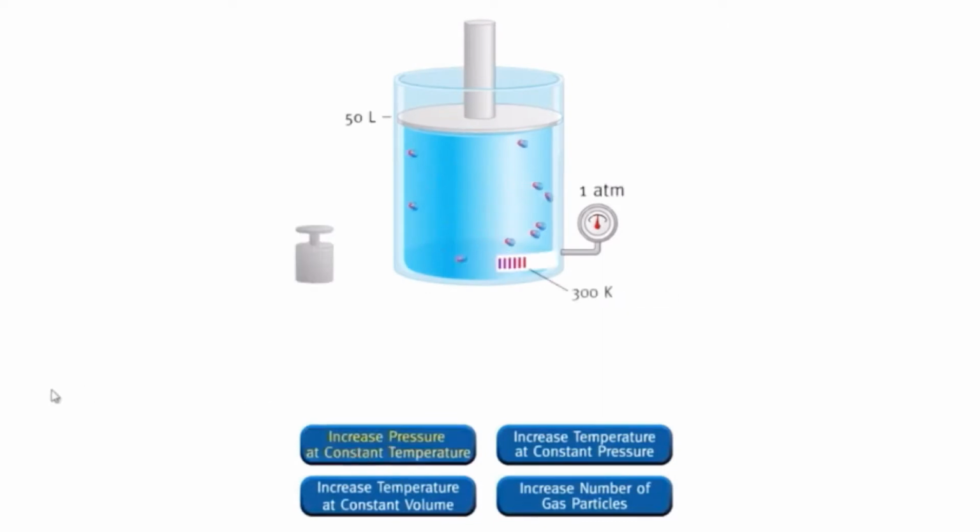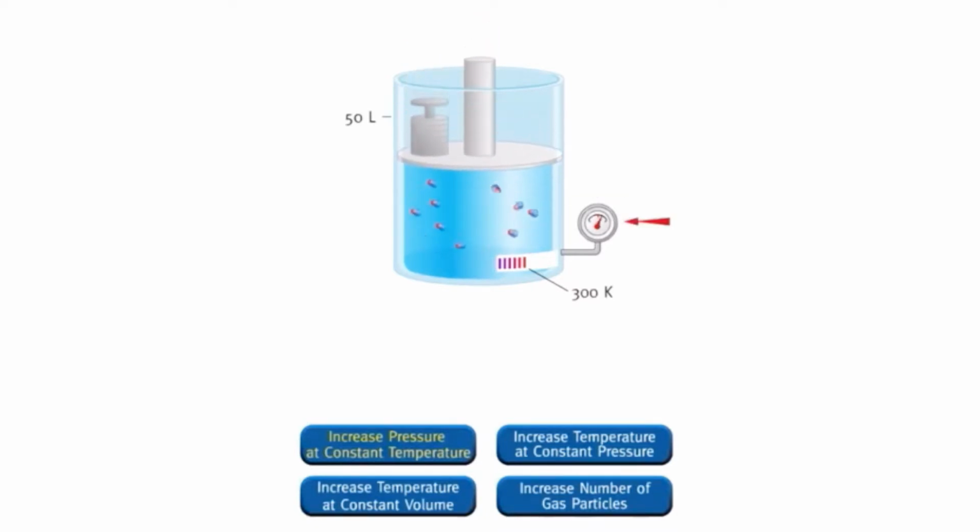You can increase the pressure by adding a weight on top of the piston. Let's add a weight that will increase the pressure on the top of the piston to 2 atmospheres. As the pressure on the gas increases, the volume that the gas occupies decreases. The volume will continue to decrease until the pressure of the gas equals the external pressure on the piston, which is 2 atmospheres.